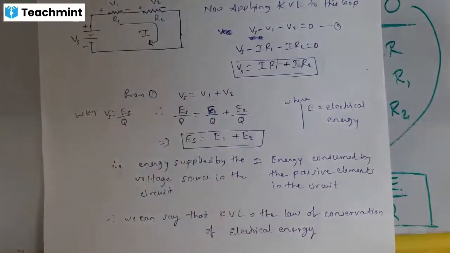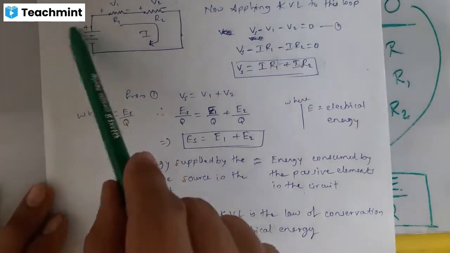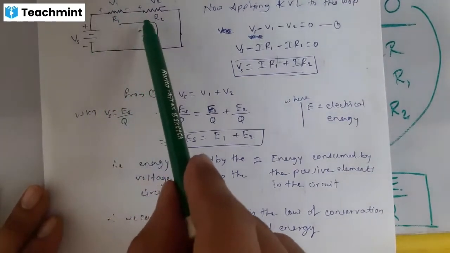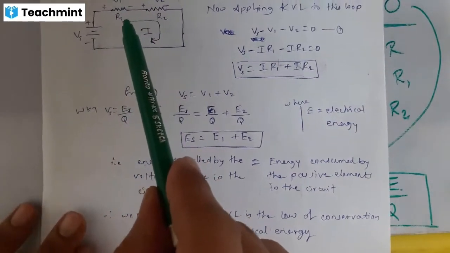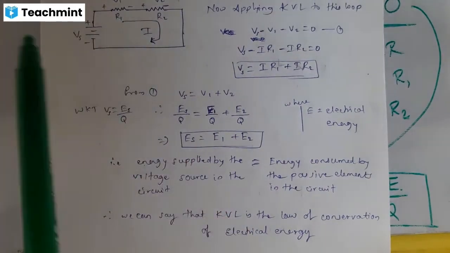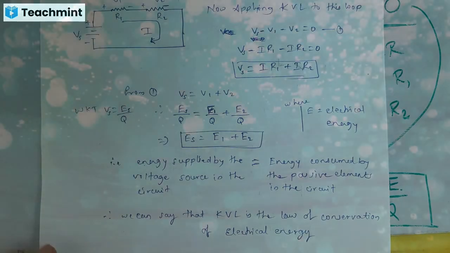Either they convert it into heat, or into other forms such as magnetic energy, whatever it may be. But whatever electrical energy you give from this Vs, all of it is consumed by R1 and R2. So energy is not wasted here. Whatever is given is totally consumed. So you can say that KVL is the law of conservation of electrical energy.